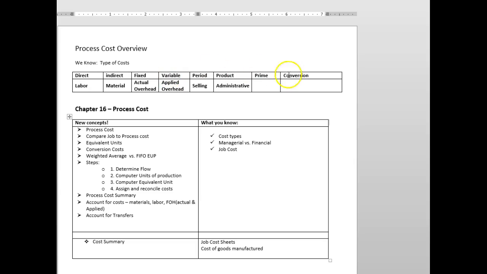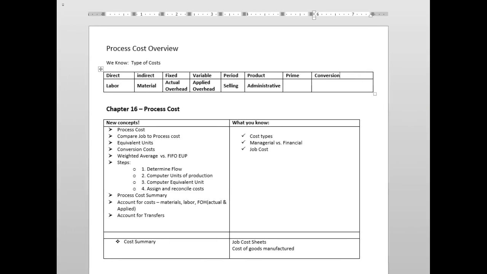So keep all of these in mind: the direct, the indirect, the fixed, the variable, the period, the product, the prime. We will look at the conversion now, and the labor, the material, actual overhead, applied overhead, and then selling expenses and administrative expenses. Nothing has changed.